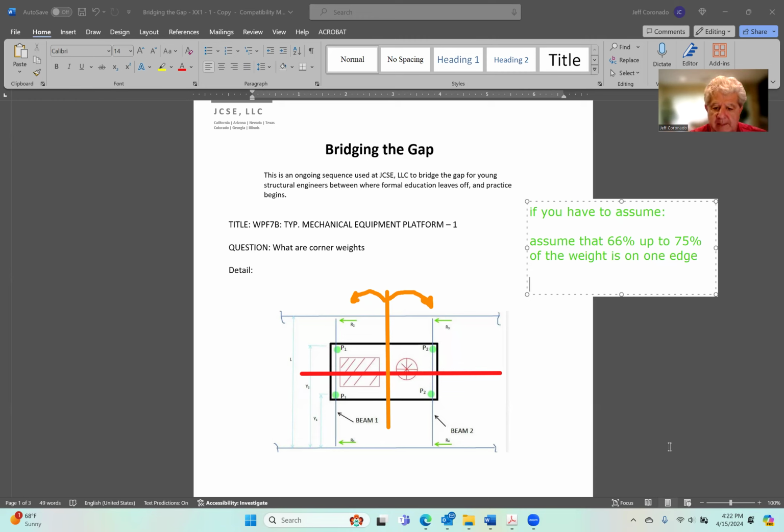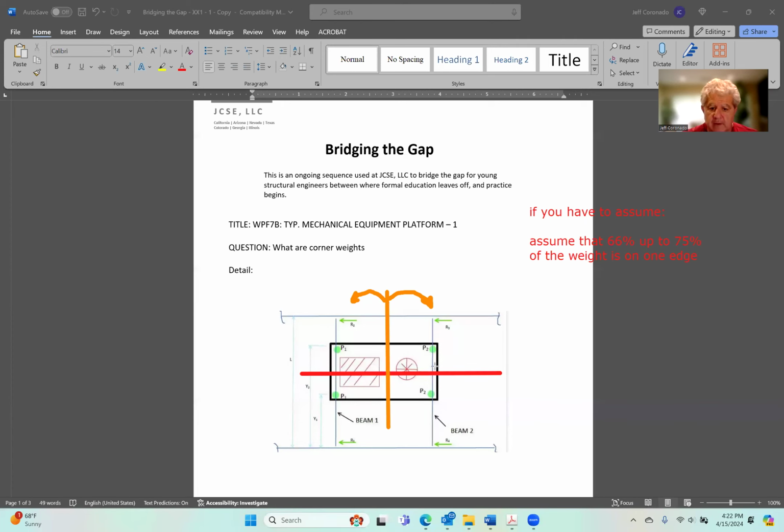So let me see if I can explain this to you. Okay, we've already established it is not a good idea to assume that the weight is applied uniformly over the surface area of the mechanical equipment.